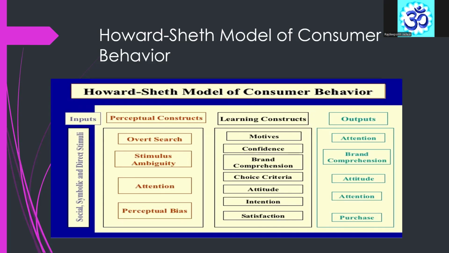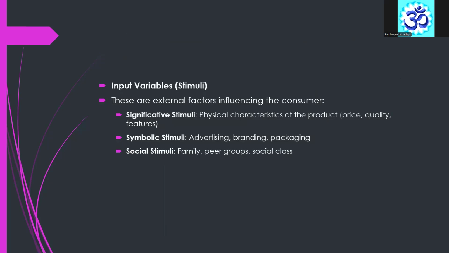Okay, so in this Howard-Sheth model, our inputs include social, symbolic, and direct stimuli. Perceptual constructs include overt search, stimulus ambiguity, attention, and perceptual bias. Then learning constructs include motives, confidence, brand comprehension, choice criteria, attitude, intention, and satisfaction. And the output includes attention, brand comprehension, attitude, intention, and purchase.